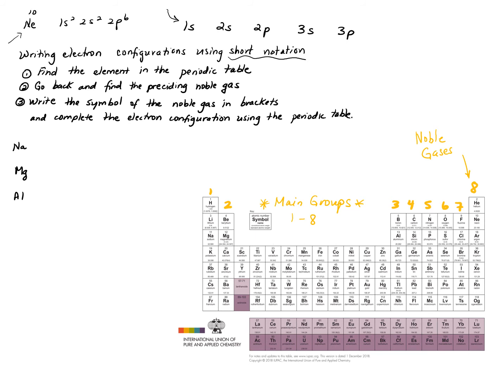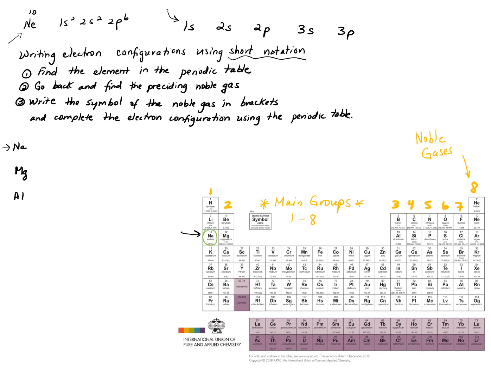So the first thing, following my steps, I'm writing down the electron configuration using short notation for Na, which is sodium, element number 11 in the periodic table right here. First step, finding the element in the periodic table, that's what I just did, it's sodium.